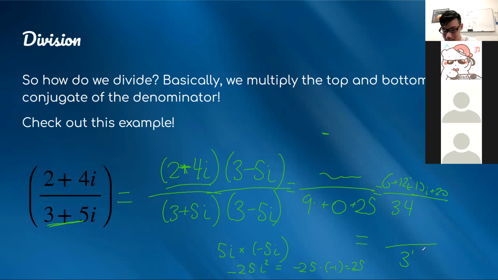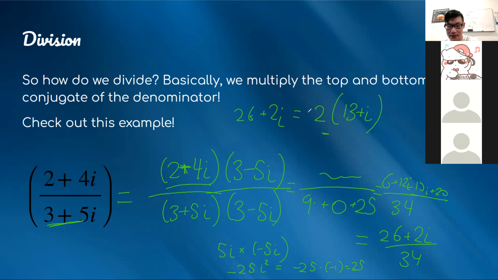So let me just write this out again. It becomes this when condensed. And actually, another thing we can do with complex numbers is factor out like numbers, right? So 26 plus 2i, we can actually just factor out this 2.